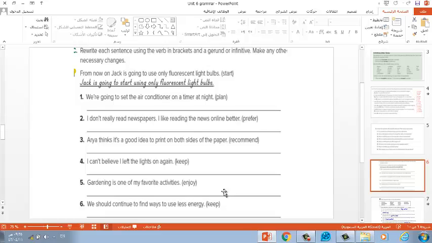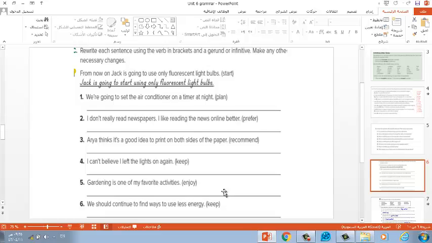We're going to set the air conditioner on a timer at night. Plan. So we're planning to set the air conditioner on a timer at night. So if you use the word plan, you simply use the infinitive after. We're planning to set the air conditioner on a timer at night.